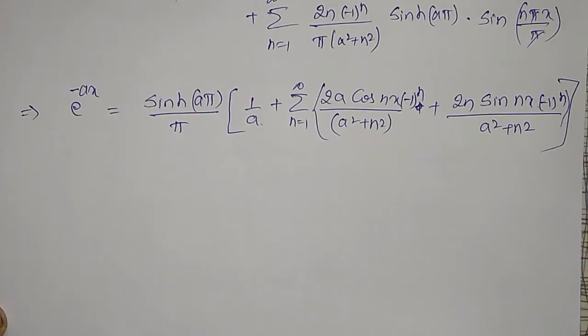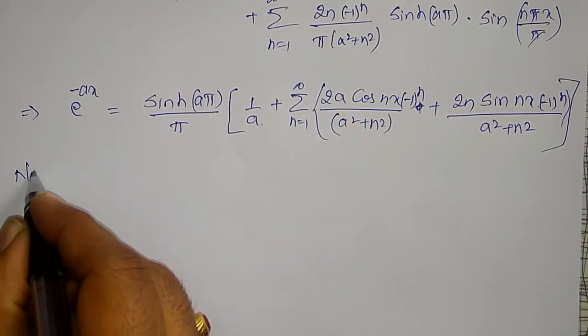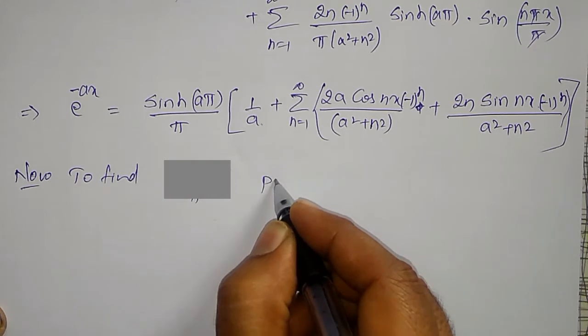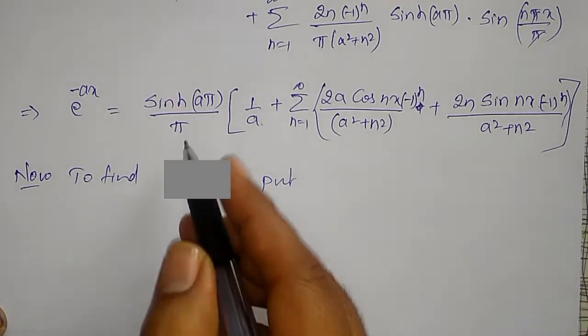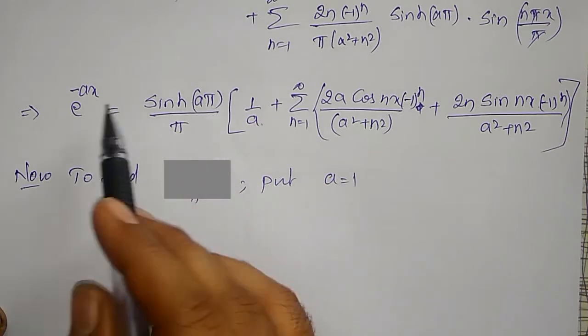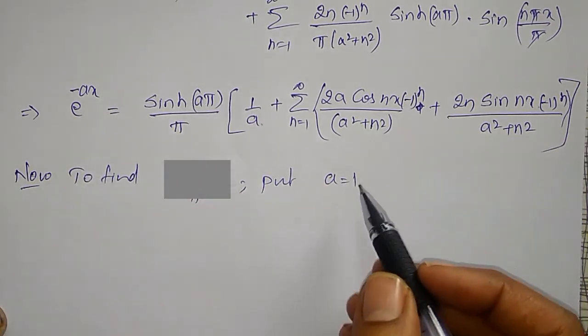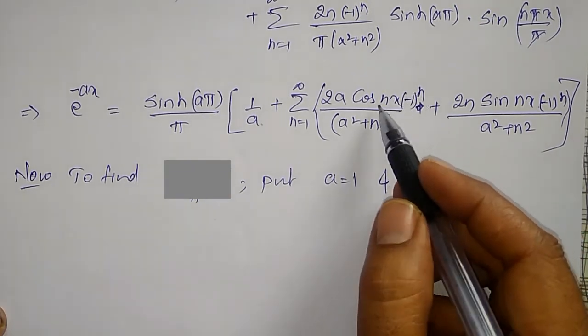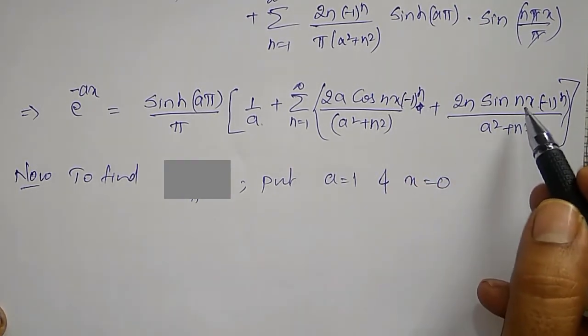Next, to find the series, let us put a is equal to 1 as well as x equal to 0, so that this term will become 1 and this will become 0.